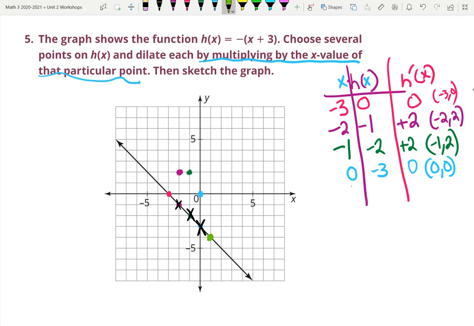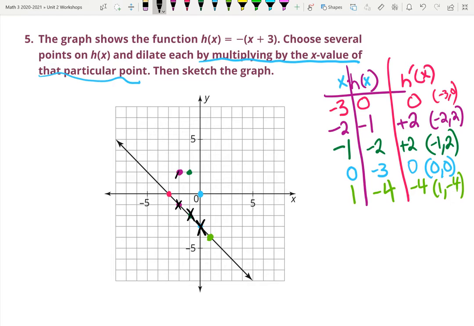I take a +1. The input causes it to be -4. 1 times -4 is -4. So this is going to be 1, -4. I graph 1, -4. Oh, it's in the same spot.